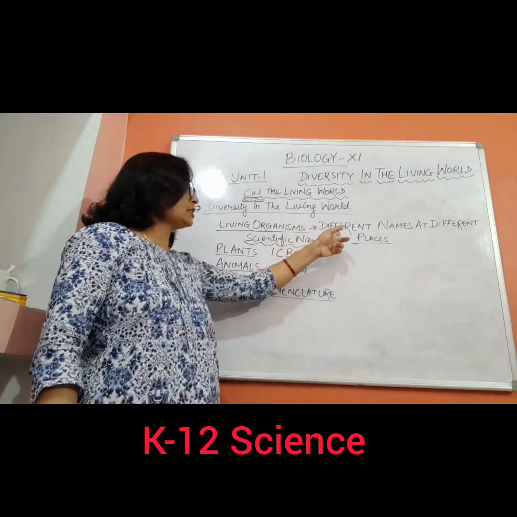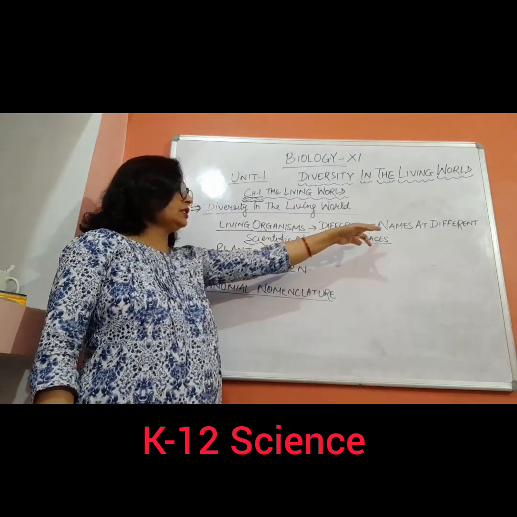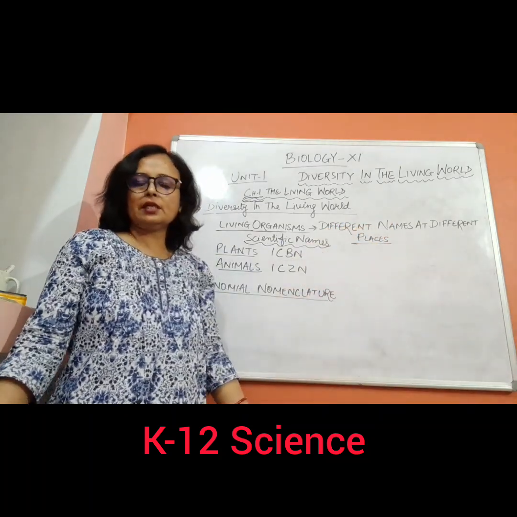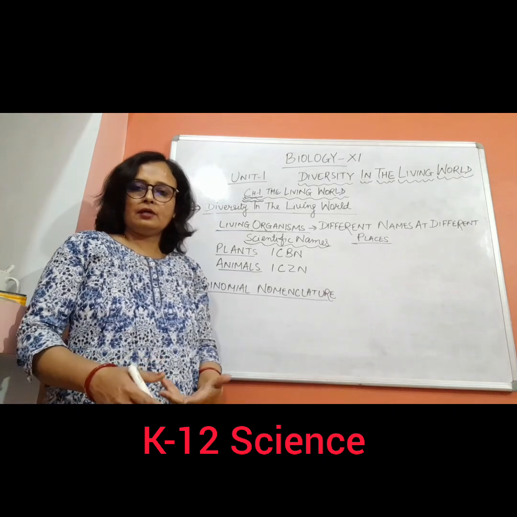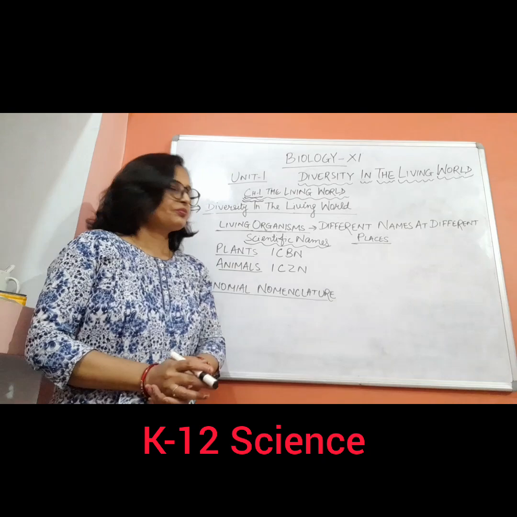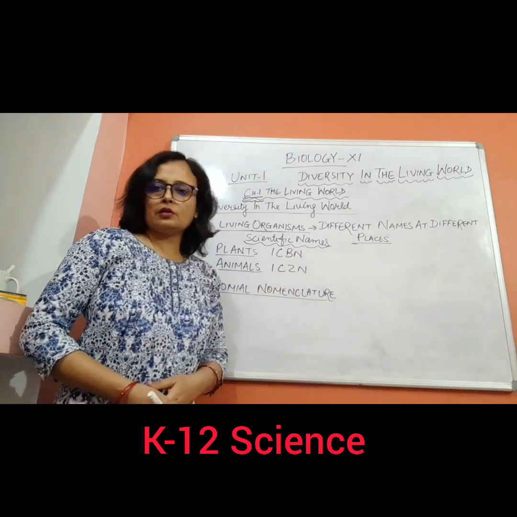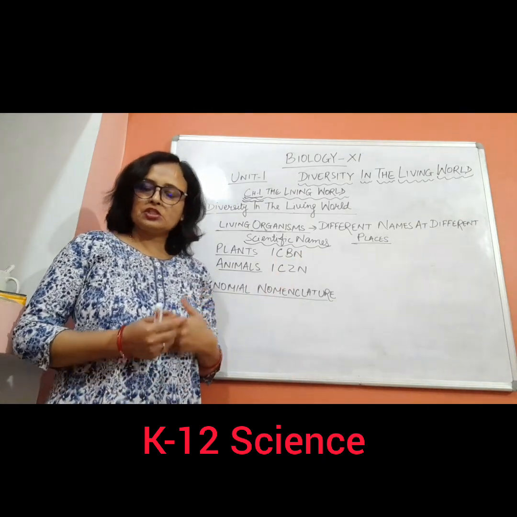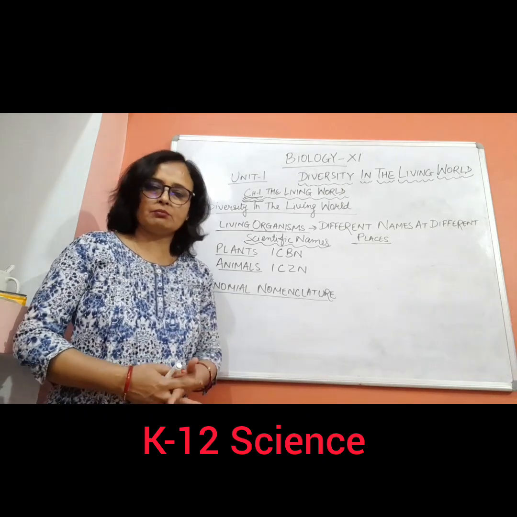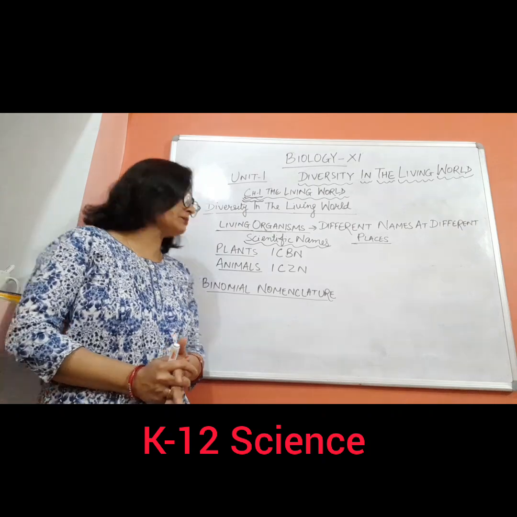Otherwise, what happens? If we talk about dog, there are so many names of dog at different places. In India even, in local places or state-wise, there are so many names of dog. So what about the world? What about China, France, Russia? Of course, so many names are there for a particular organism.